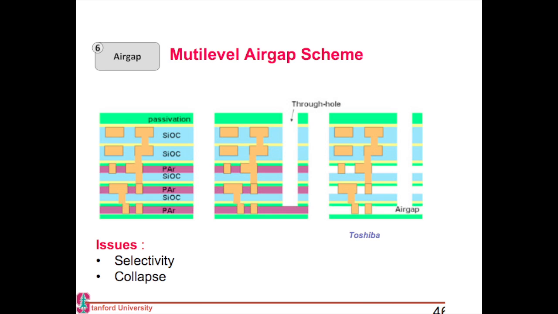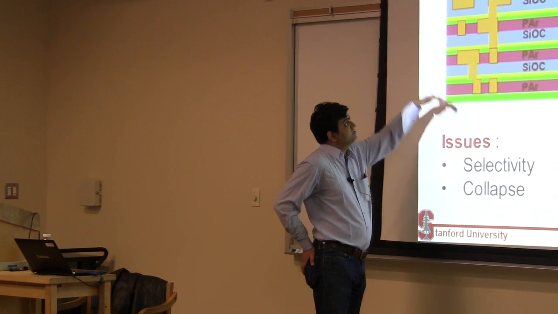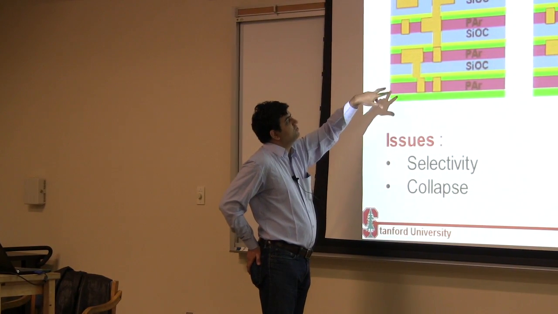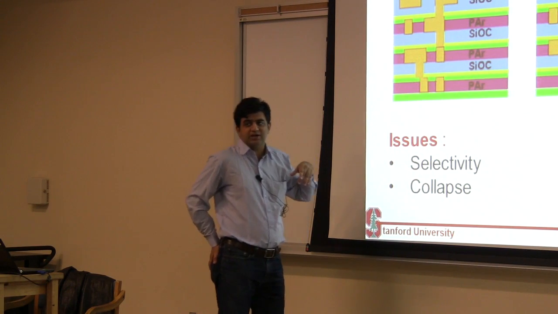Another technique, I just want to mention it in passing, but again it's not used by anybody. Most of these air gap schemes have to be repeated at every level. In your microprocessor, you have 9 levels of metal, and if you want to form air gap at each level, you'll have to repeat the process at every level.